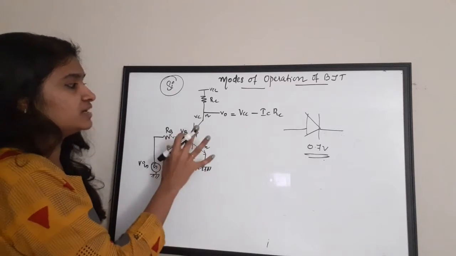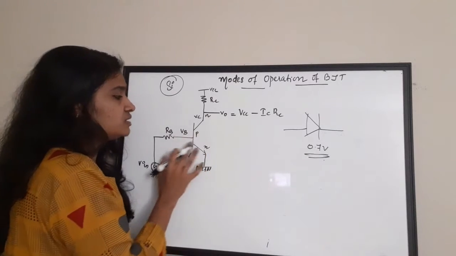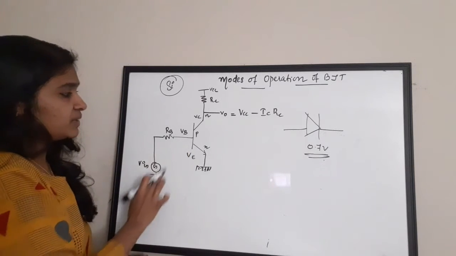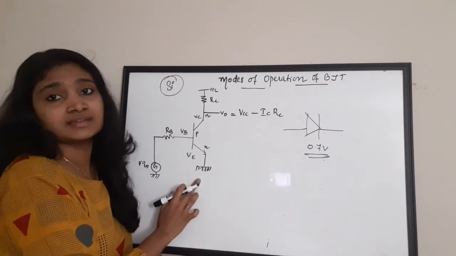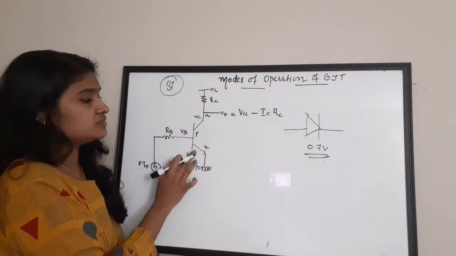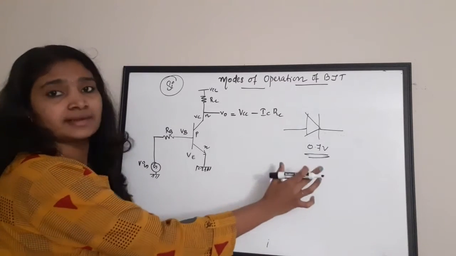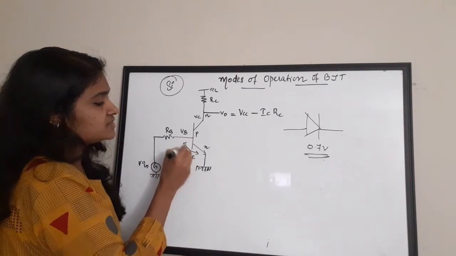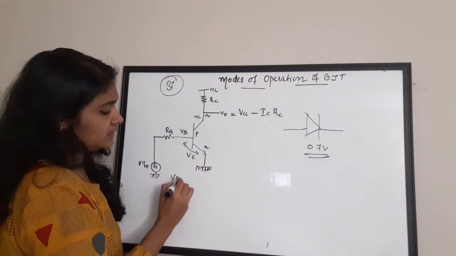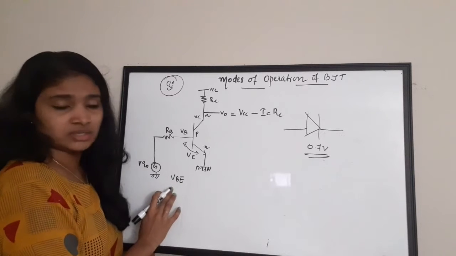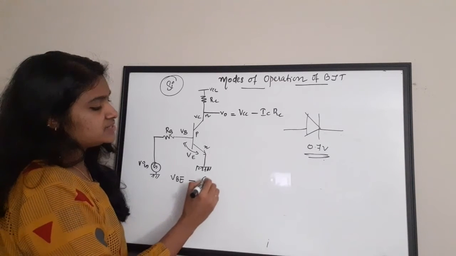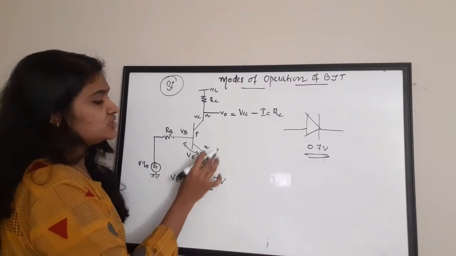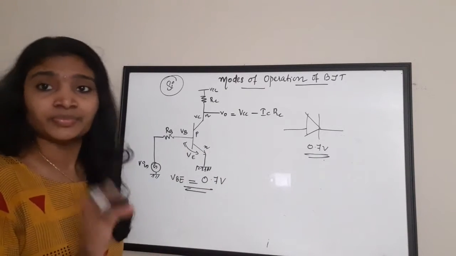Now, consider this figure. I've just drawn a figure to represent a transistor. Here, I'm going to give input to the base region. So, Vin is applied to the base and the emitter is grounded. So, it is positive and negative. The connection is correct. Now, if the voltage across this junction, that is VBE, the base emitter junction, is equal to 0.7 volt, then this region is forward biased.